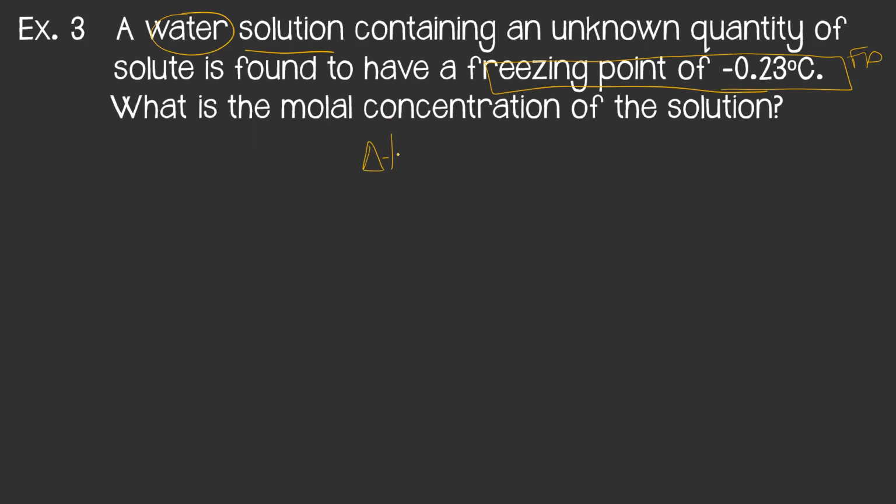So delta TF over KF equals m. So I need to know what's my normal freezing point of water, and it's telling me this quantity of solute. So solution with solute has a freezing point of negative 0.23.